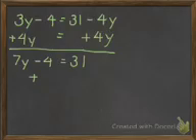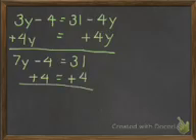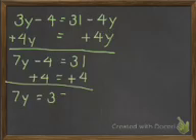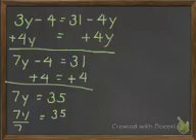And let's add 4 to both sides. And we get 7y is equal to 35. Divide both sides by 7. We get y is equal to 5.